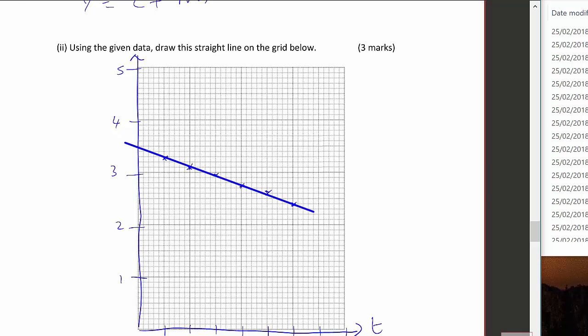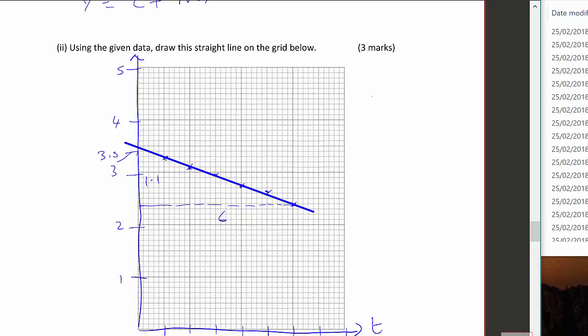And I can see my intercept there is about 3.5. And then if we do a gradient, just take a convenient point like here. You can see that's gone across 6, and it's gone up about 1.1 on this.